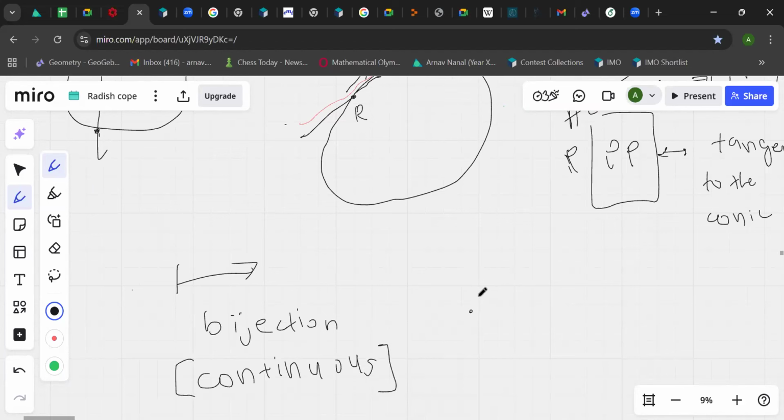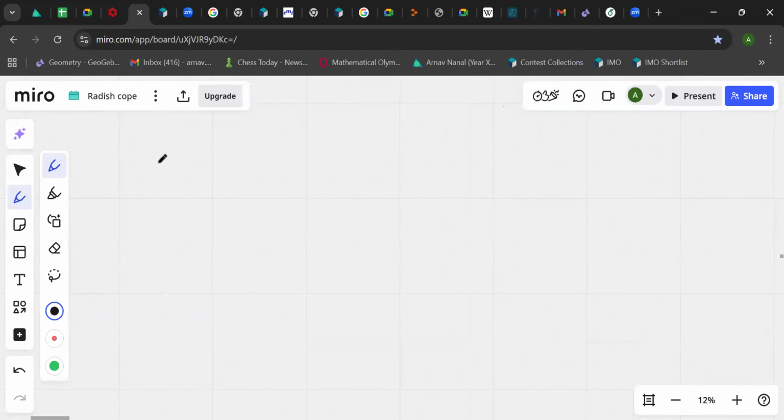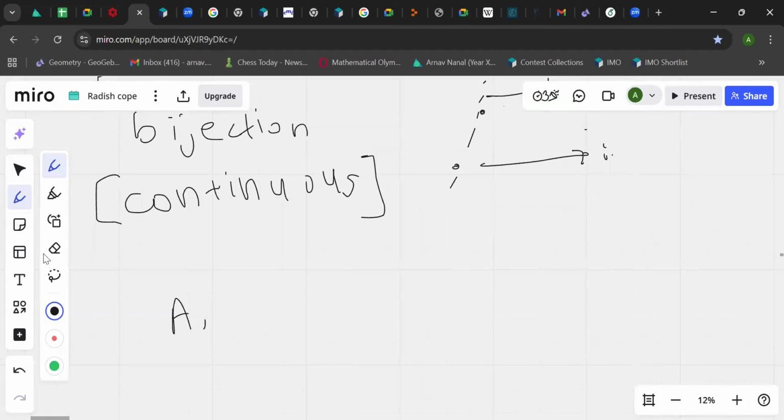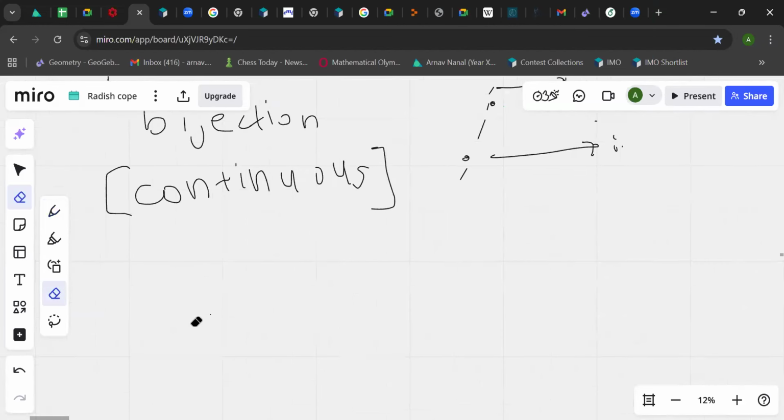Continuous means that if you tend a point to some point here, then its image will also tend to the image here. How do we know they are continuous though? Yes, we will get to that.